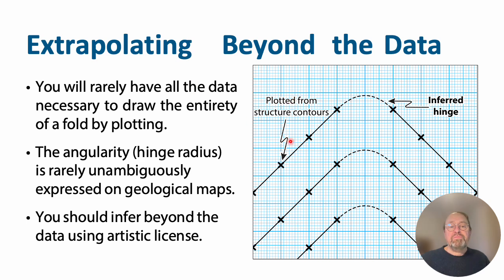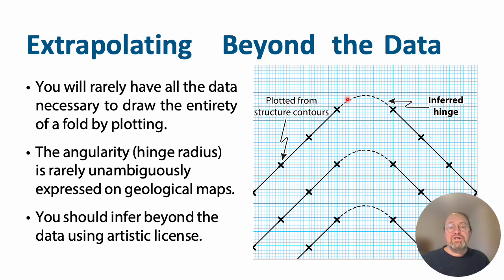So you can imagine, you would plot structure contours for each of the limb surfaces to define a dipping structure here, and of course also on the right side of the structure. But you don't have any structure contours for the middle, but you know that since it's dipping left over here and right over there, there must be a connection across the top, unless for some reason you think there's a fault there.